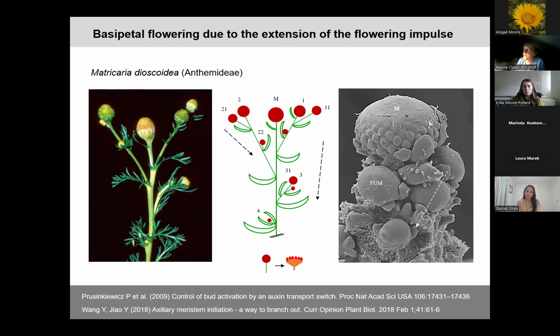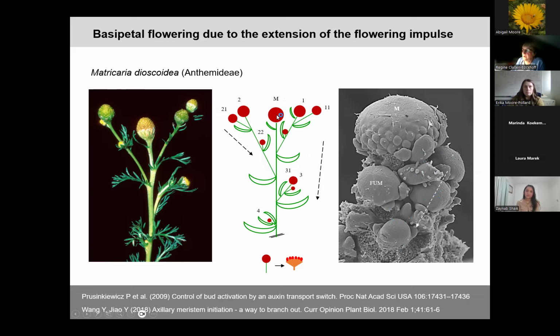And as far as known, auxin signals are involved in both processes. So it is assumed that if the shoot apical meristem becomes reproductive, then an auxin flow is directed in basipetal direction, which gradually activates the pre-existing buds and stimulates them to flower.